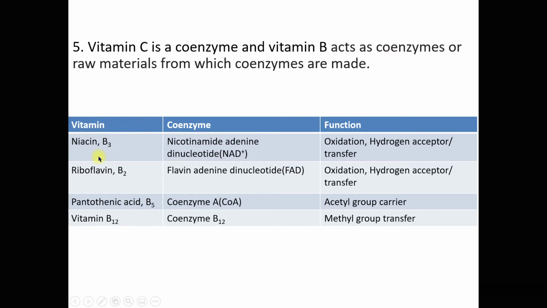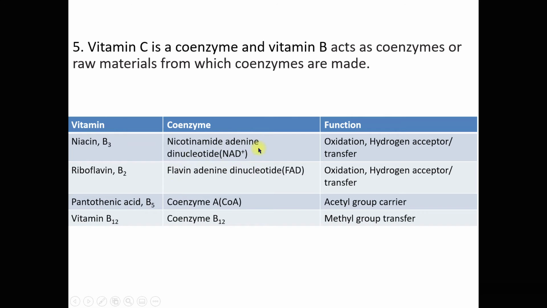An example here is vitamin B3 or niacin. Niacin is needed to synthesize NAD plus, or nicotinamide adenine dinucleotide. You will learn about this in detail later in the respiration chapter.